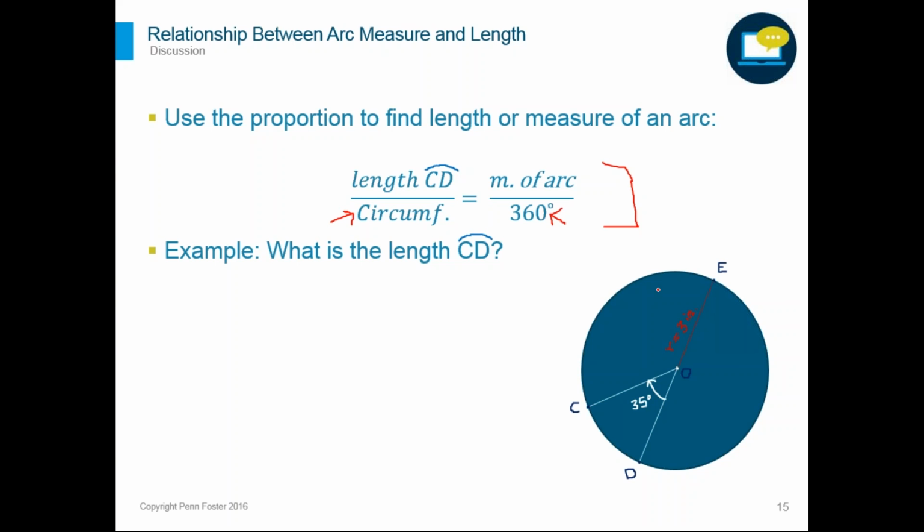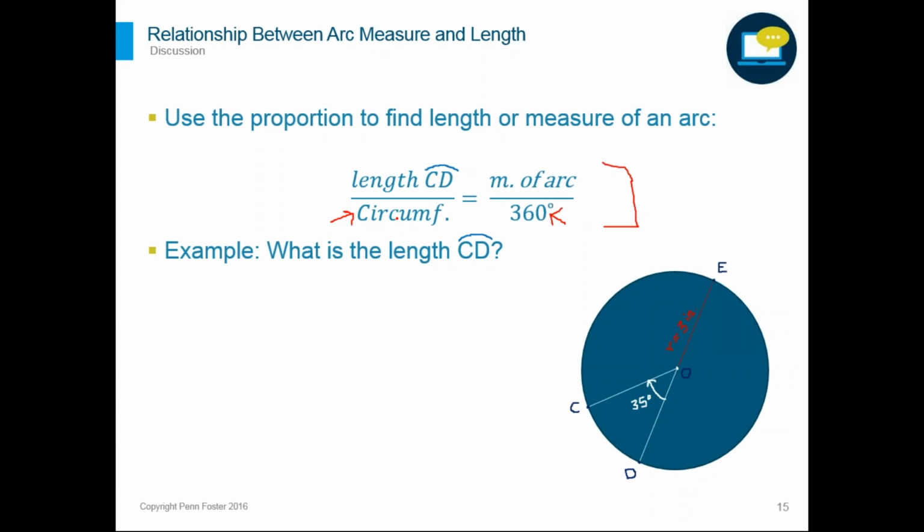Why? One complete circle we know is 360 degrees. This is a fact. No matter how big or small the circle is, the full circle is 360 degrees. This is in terms of angle measure. In terms of length, a full circle is actually the circumference of the circle.